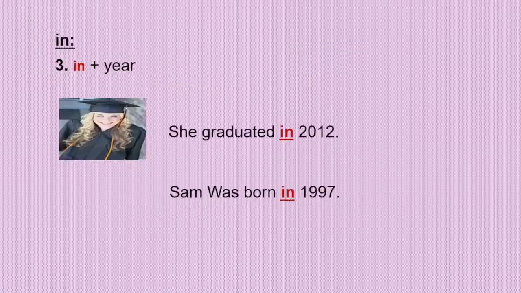Next, number 3, use of the preposition in. In is used for in plus a year. So when we are discussing the year, then we use in. Example, she graduated in 2012. In 2012, not on 2012, not at 2012.